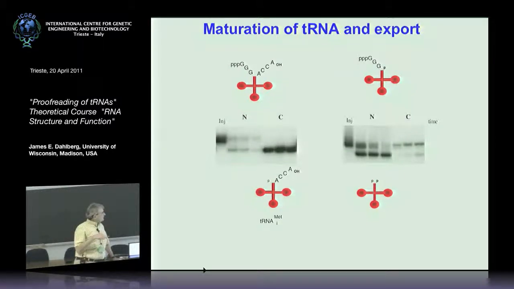But this is very, very slow to get out into the cytoplasm. Okay. And in fact, it essentially doesn't get out. A little bit of the RNA that we put in does get elongated, probably because we didn't remove the 3' tail completely, and so that just accounts for the little bit that got out. But what we conclude from this is that both ends have to be intact before the RNA gets exported.